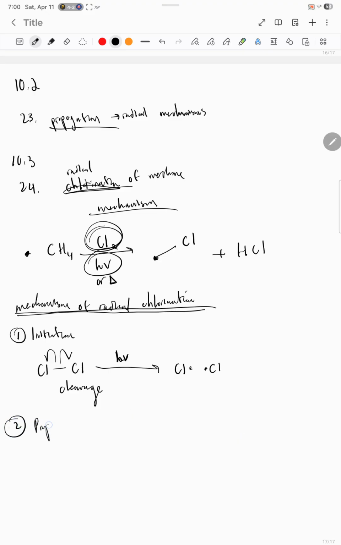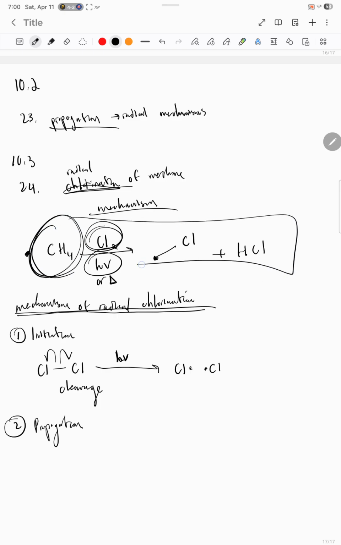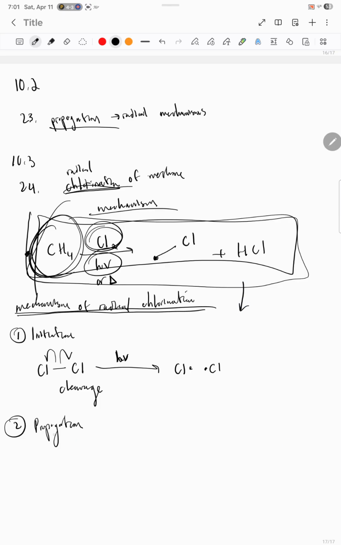Step 2 is propagation. What is propagation? To describe this, if this was our problem and we were to draw the mechanism, we got initiation.